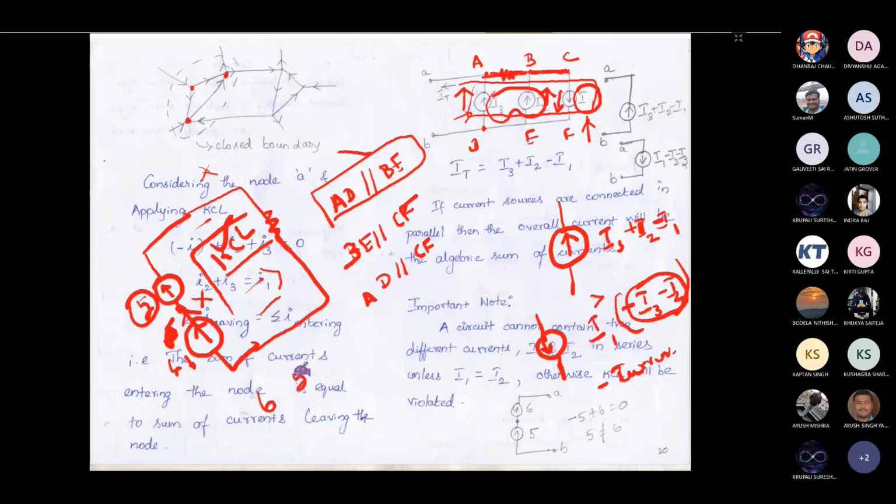So this is not possible. In this case, the least current source magnitude will flow through that path. Then KCL will not be violated, so that the 5 ampere will be equal to the 5 ampere, that is, the incoming current is equal to the outgoing current. So this is the general representation. Always your KCL and KVL should not be violated in any case, irrespective of the circuit you have.